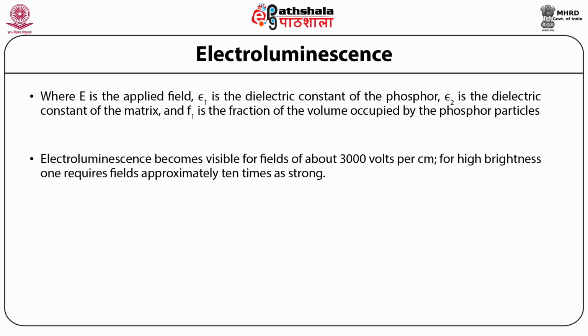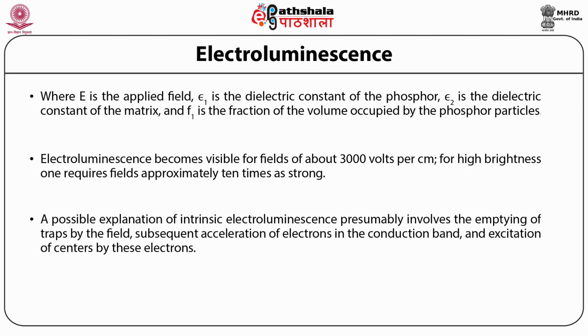For high brightness, one requires fields approximately 10 times as strong. A possible explanation of intrinsic electroluminescence presumably involves the emptying of traps by the field, subsequent acceleration of electrons in the conduction band, and excitation of centers by these electrons.